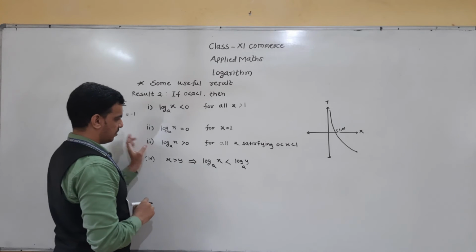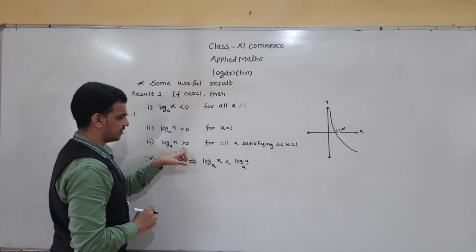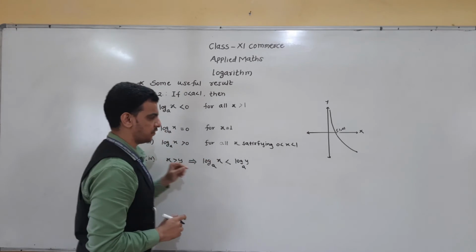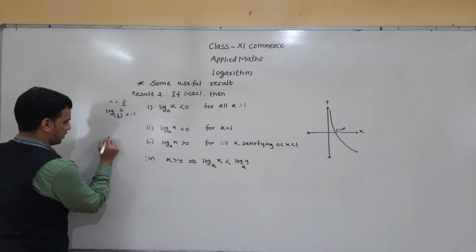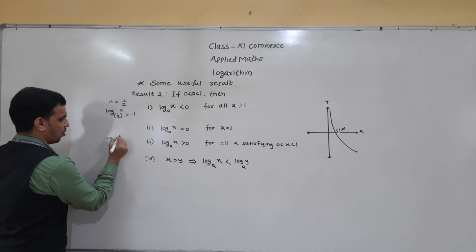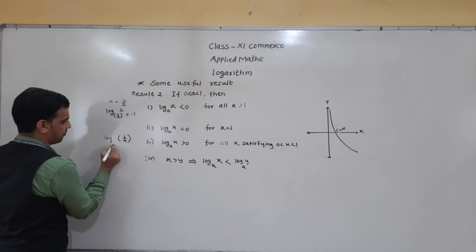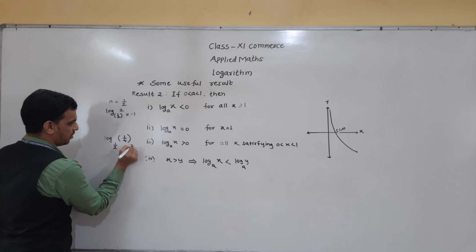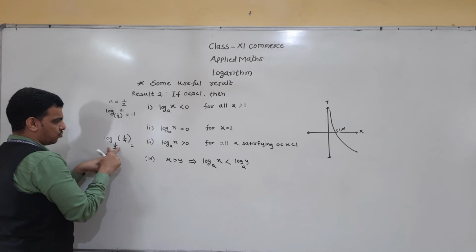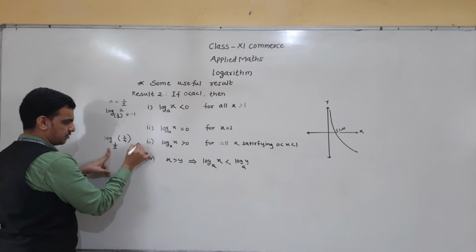Then the third one: log x to the base a is greater than 0 for all x satisfying 0 to 1. Suppose I am taking a the same, 1 by 2, and log of 1 by 4 to the base 1 by 2. Which power do we have to raise 1 by 2 to, to get 1 by 4? That is 2.